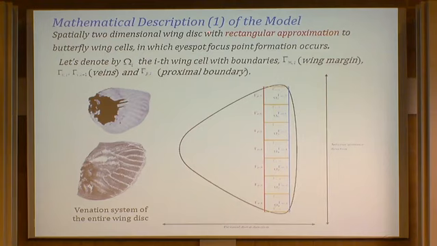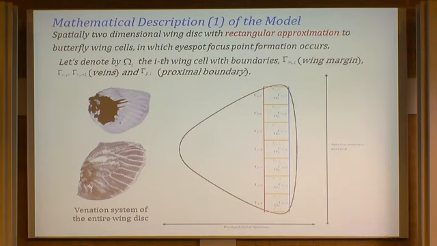Mathematical description of the model. This is a venation system of the wing disk, somewhat simpler, much simpler than the adult venation system. So, a two-dimensional wing disk with rectangular approximation. Here, this is the total wing, and each one here is a wing cell.